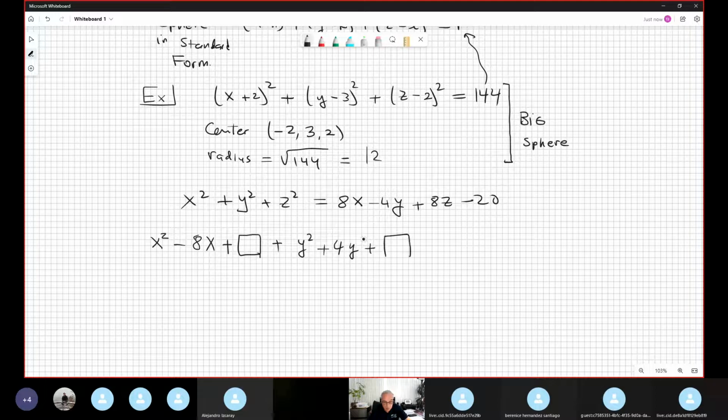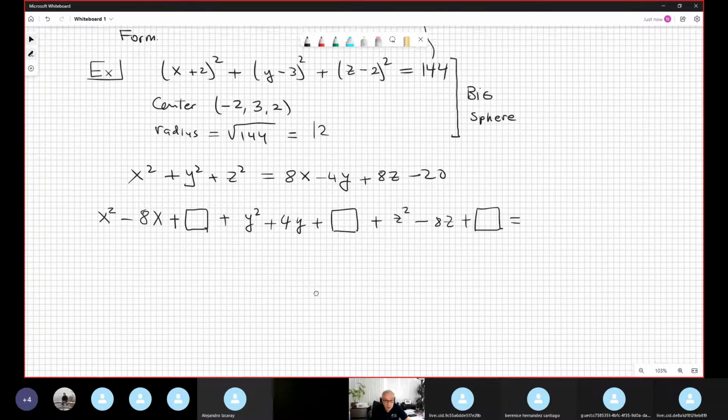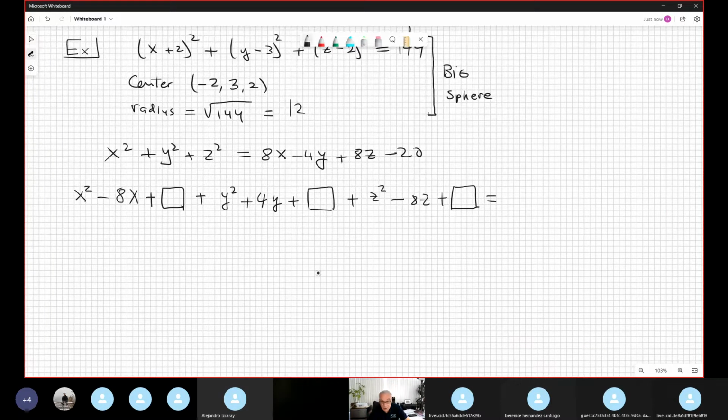Plus z squared minus 8z, I move the 8z to the left, and another box. Then, in the right hand side, I keep negative 20 plus 3 boxes. The boxes for the 3 dimensions. 1, 2, 3 boxes.